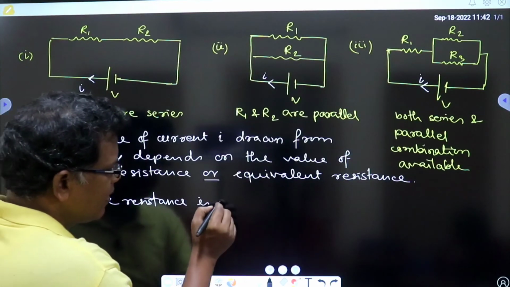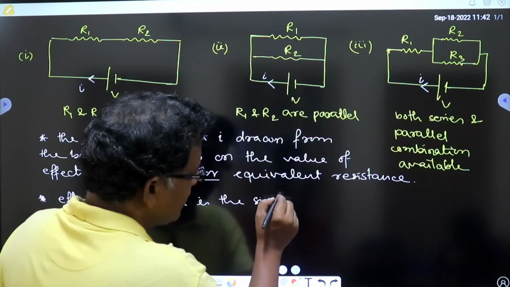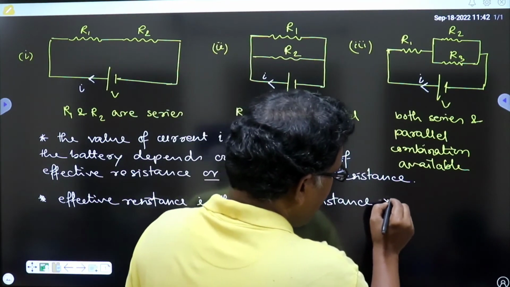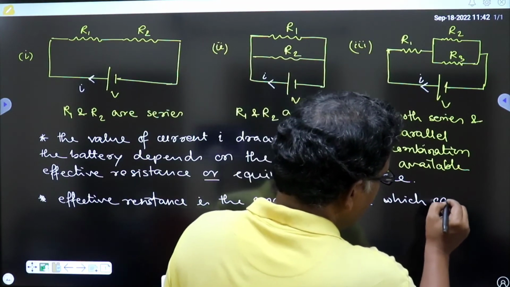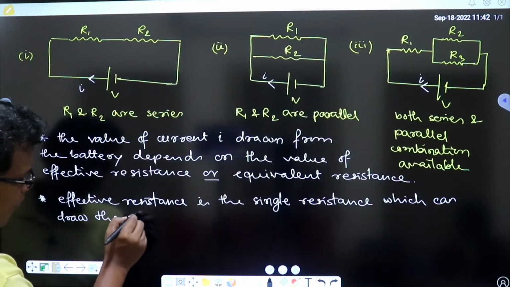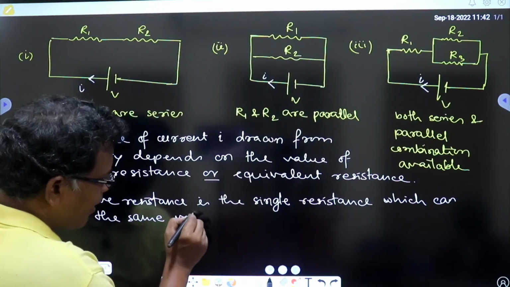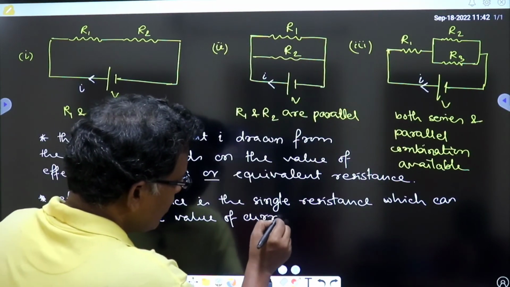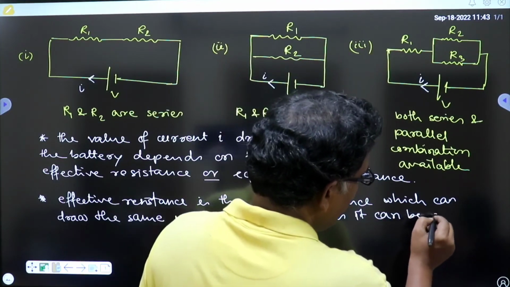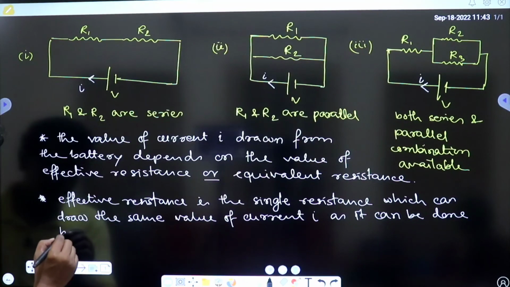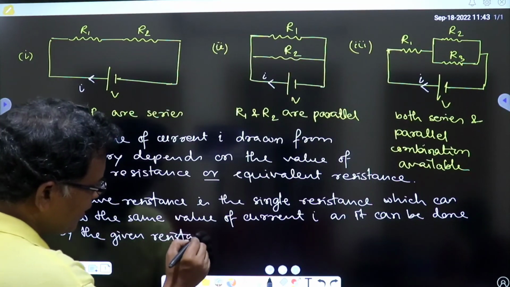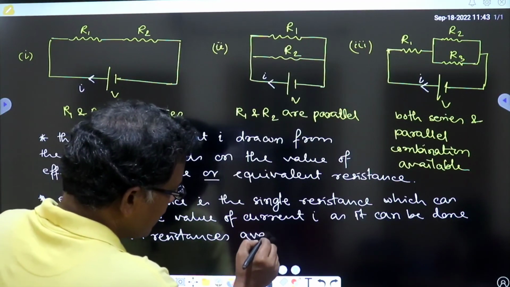Effective resistance is the single resistance which can draw the same value of current I as it can be done by the given resistances available in a circuit.